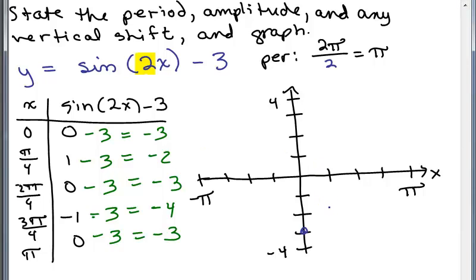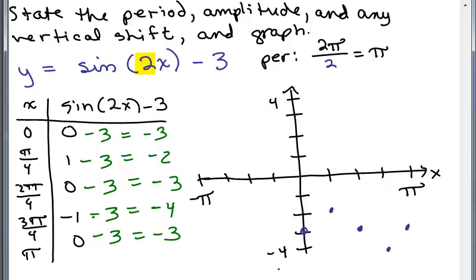That would be right here. We've got pi over 2, negative 3. Now remember, pi over 2 is the same as 2 pi over 4. So we're going down. You can see what's going on. Remember, it goes up first, then it starts coming down. Then we've got 3 pi over 4 and negative 4. And we've got pi, negative 3, and you can see your cycle here.